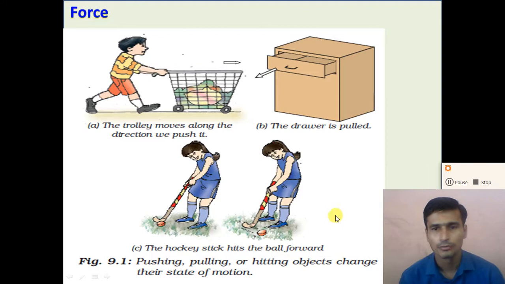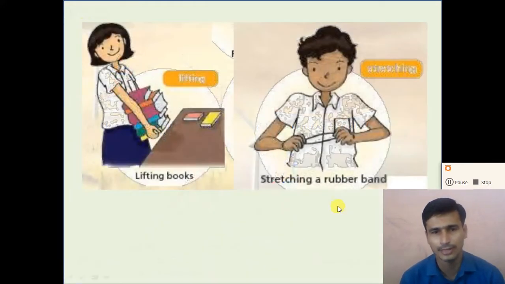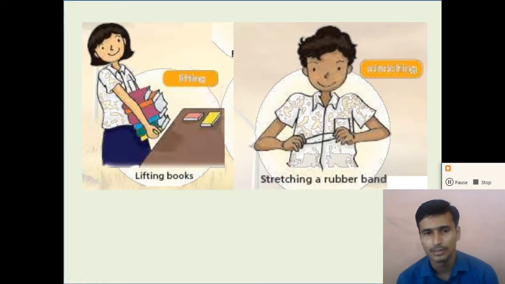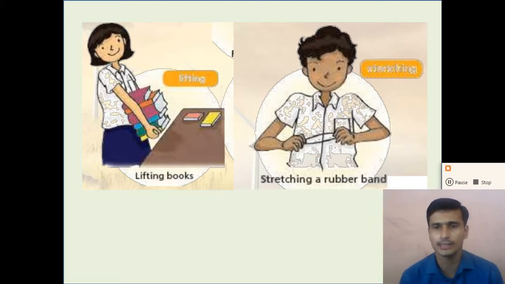So what is force, right? Let us start with another example. We consider the lifting of books. It is also one type of muscular force acting on our body, right? Stretching a rubber band, a pulling force is exerted on the rubber band, right?